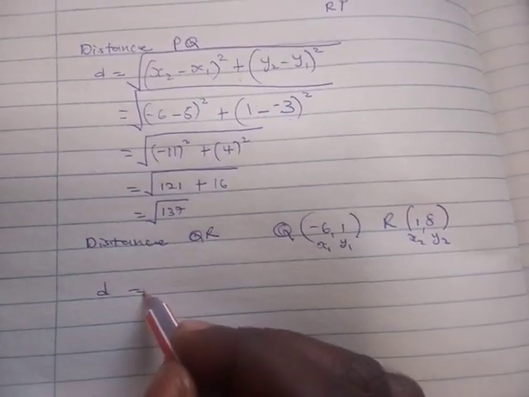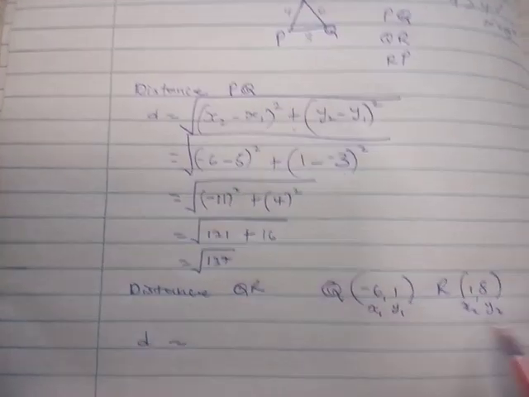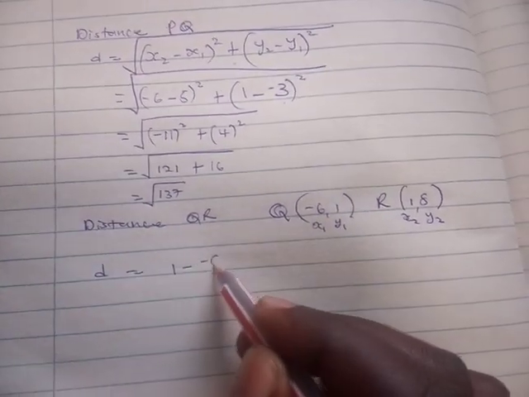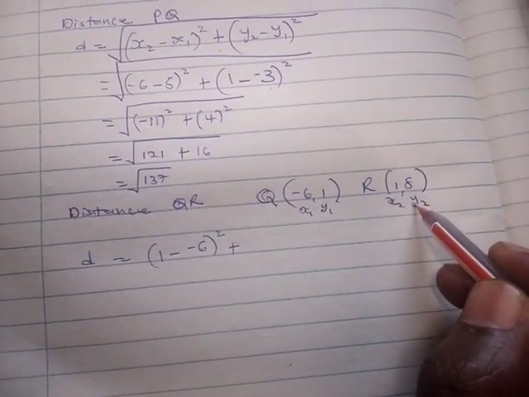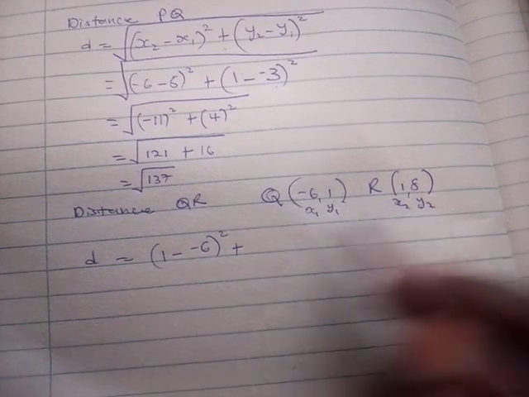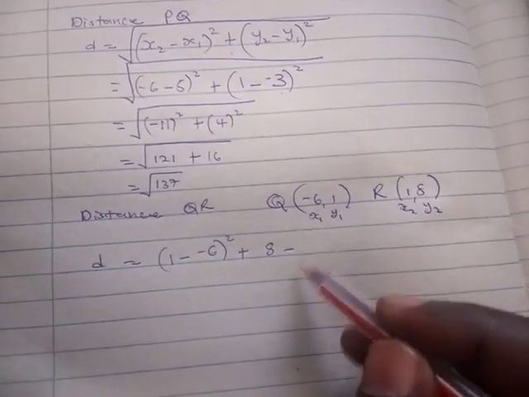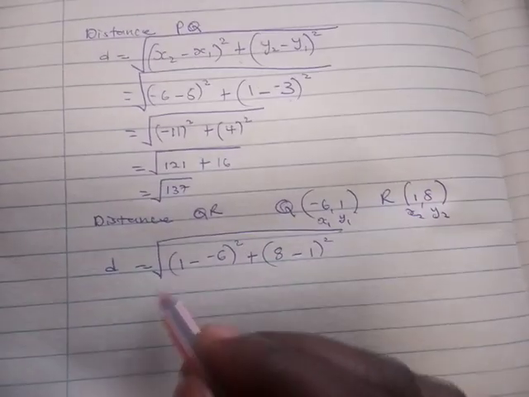So the distance here, remember we said it is x2 minus x1. x2, which is 1, minus x1, minus 6, squared, then plus y2. You see y2 here? This is 8 minus y1, which is 1, squared, under a root.